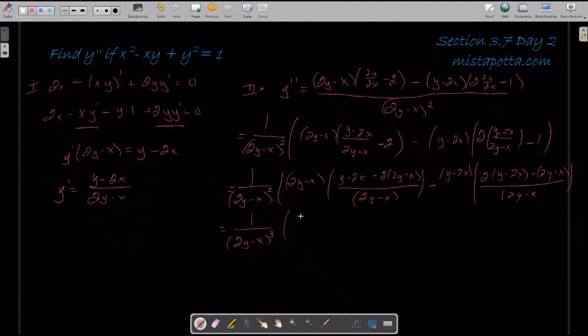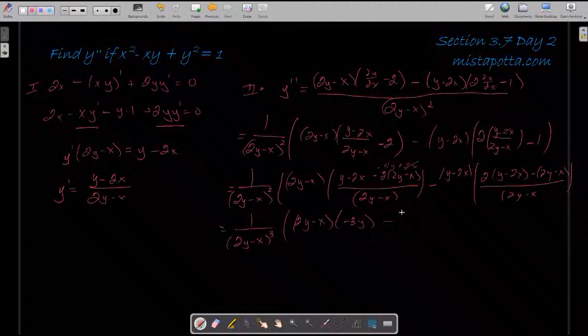And at this point, I've got 2y minus x times, over here when I distribute this negative 4y minus 2x, that's really a plus 2x, and this term will cancel out, leaving me with just a negative 3y.